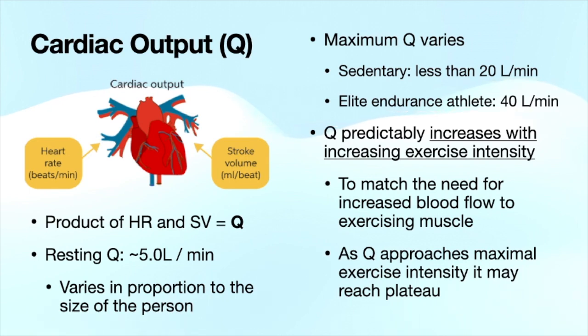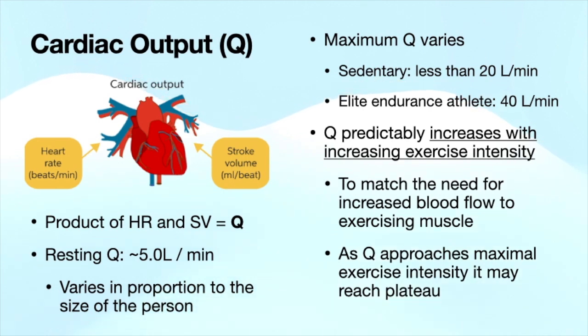Therefore our cardiac output will limit, because it cannot increase any further as we approach maximal exercise intensity. It will reach a plateau. So since cardiac output cannot increase any further, the amount of oxygen delivered to our muscles is also limited.